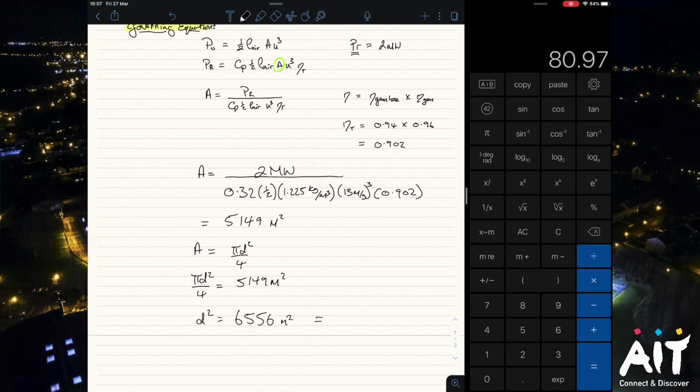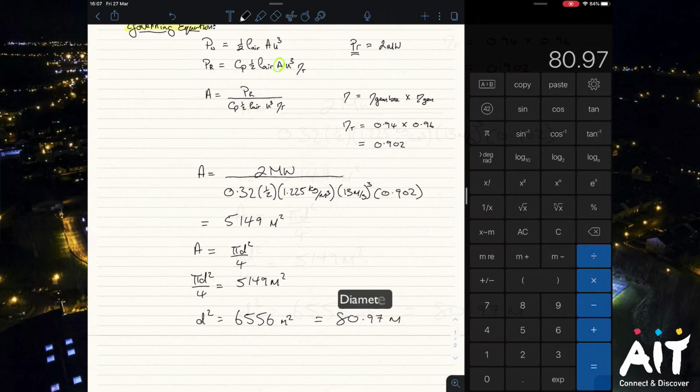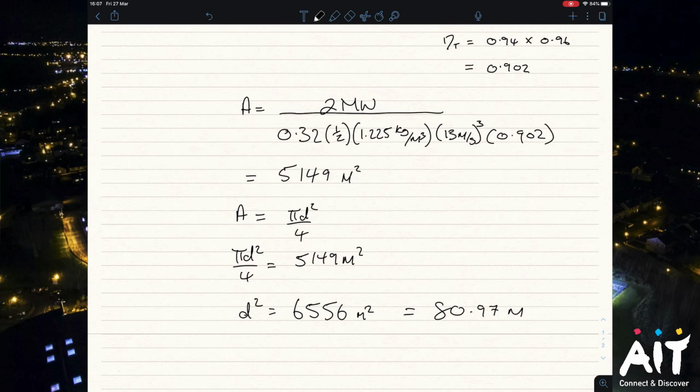Therefore we find that the diameter is 80.9 meters. That's a very simple example of how to calculate one of these problems, a very basic example of one of the problems that we will be required to solve.